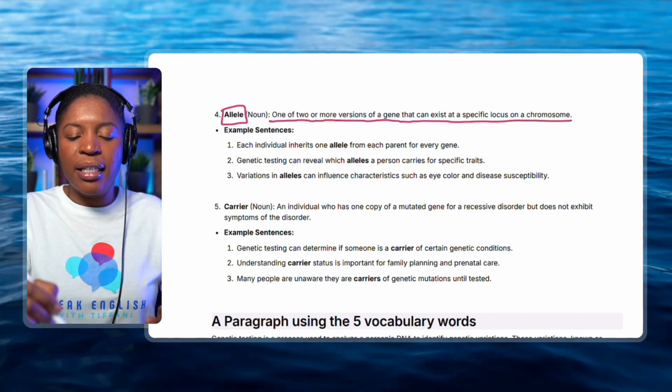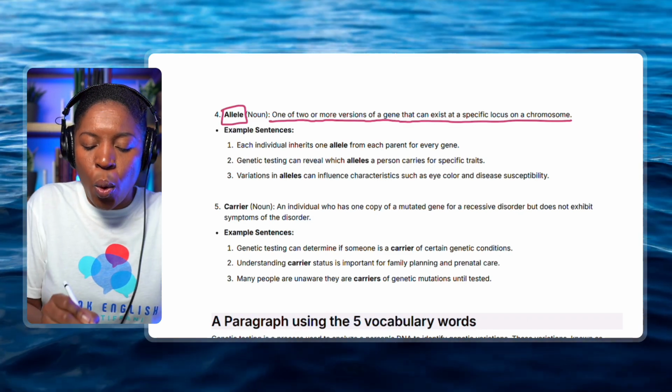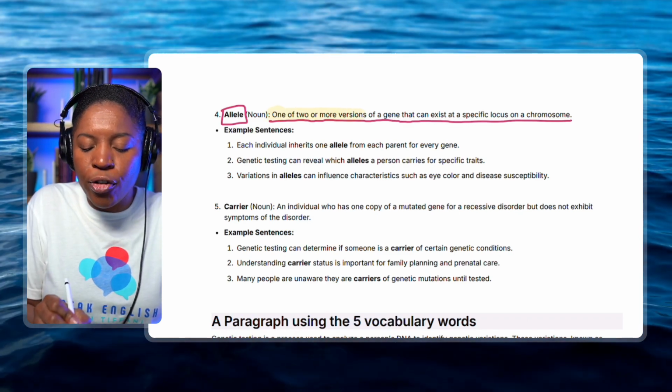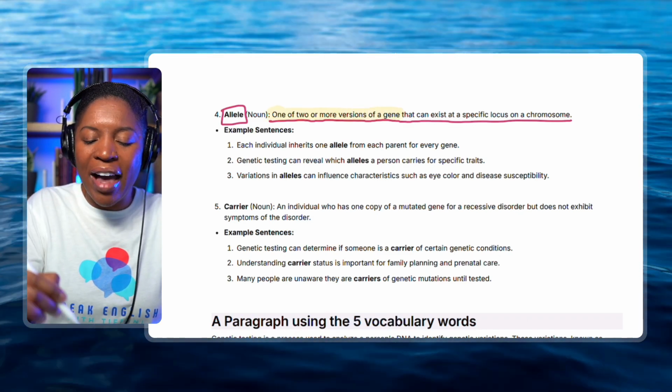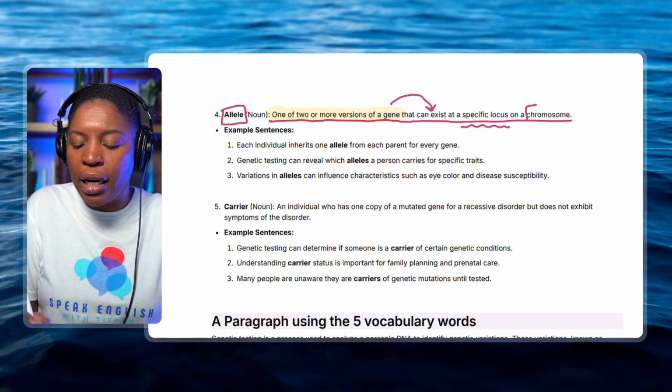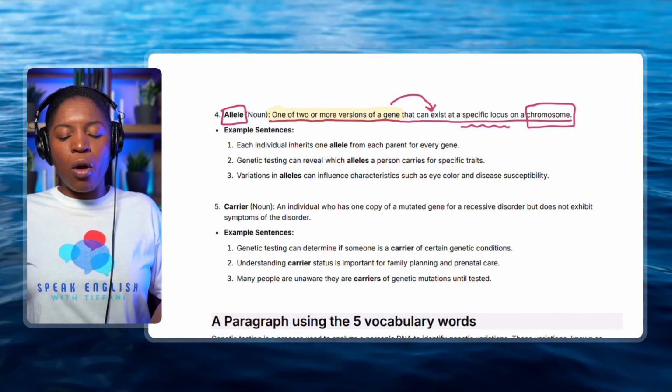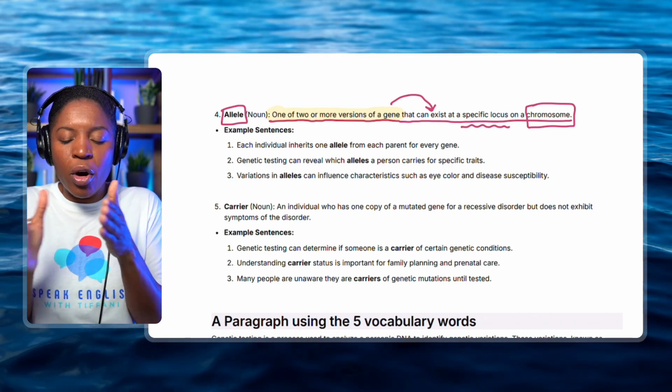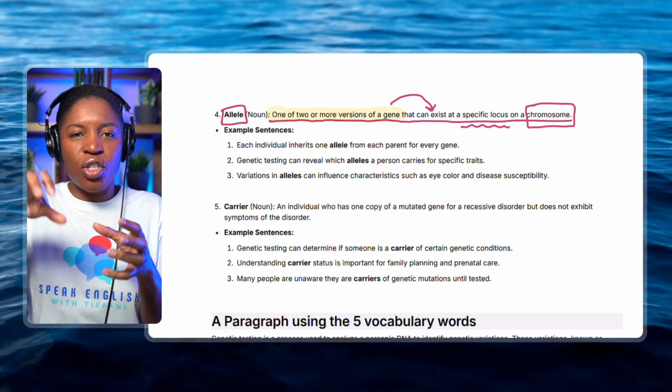So again, the key to this definition, one of two or more versions of a gene that can exist at a specific locus on a chromosome. All right, so one of two or more versions of a gene that exists on a chromosome.